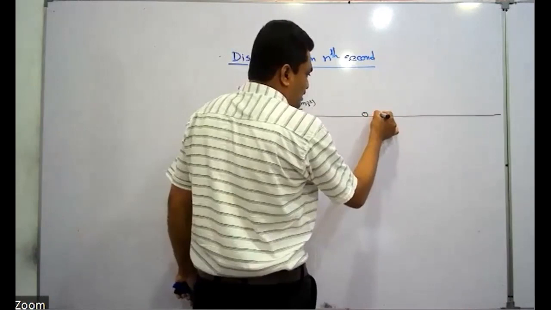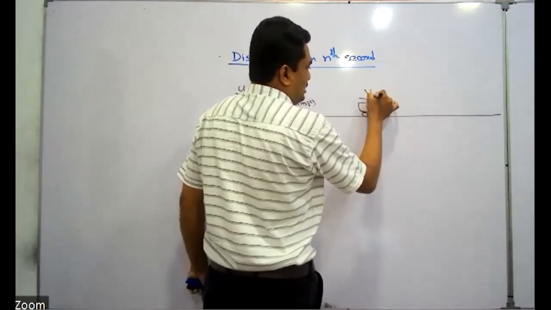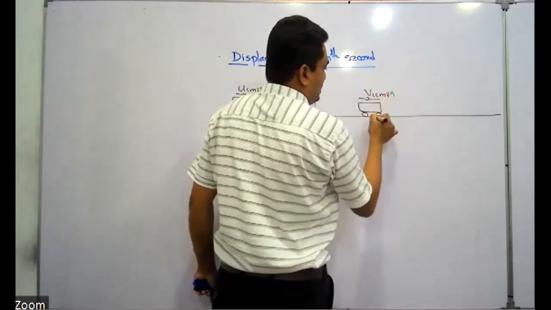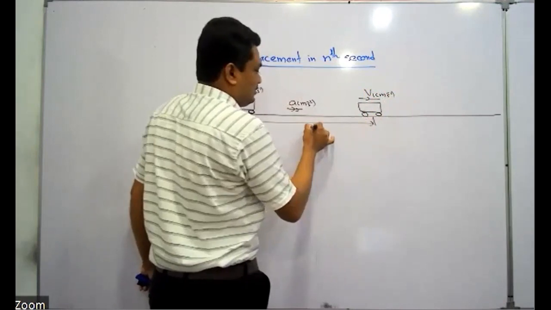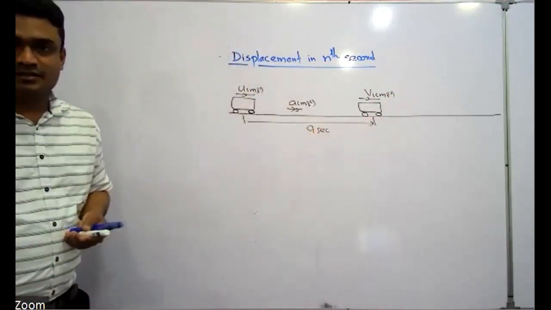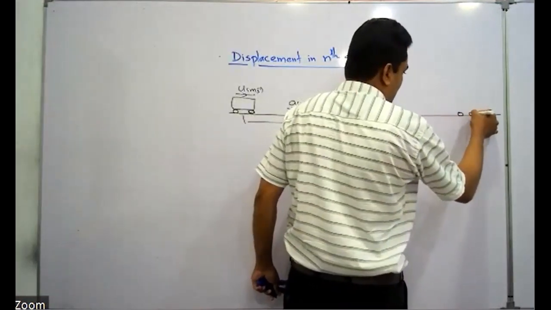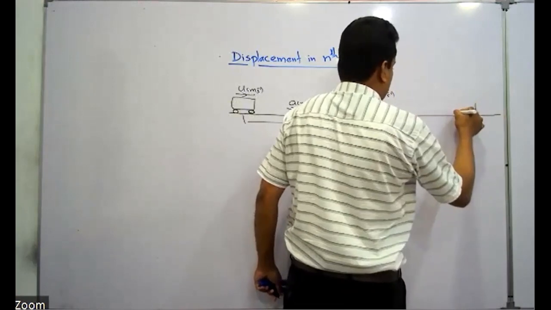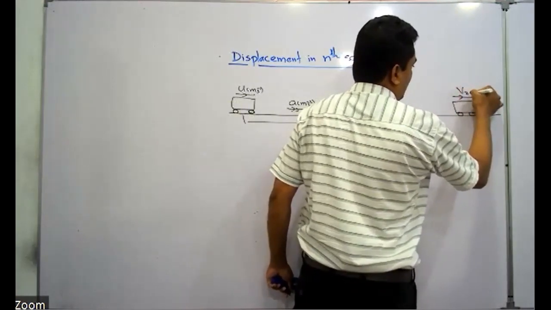Let's say after 9 seconds, for example, its velocity is v1. So what is the velocity after 9 seconds here? v1. I'm trying to explain the story, the theory behind the picture. After one more second, its velocity is v.